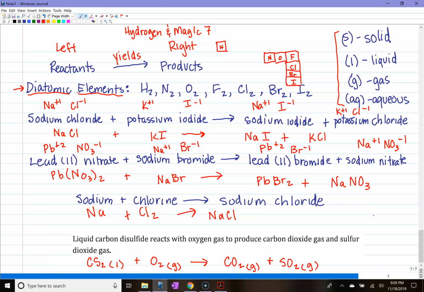Oxygen is a diatomic, so we'd have to put a 2 behind it, and it's going to be a gas as its state of matter. And that's going to yield carbon dioxide, CO2, which is a gas, and sulfur dioxide, SO2, which is also a gas.